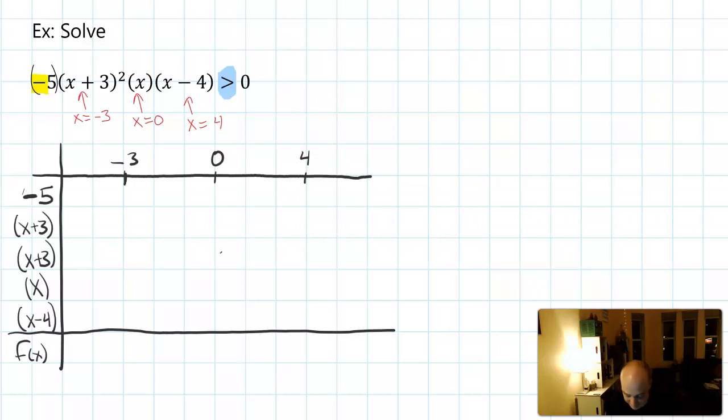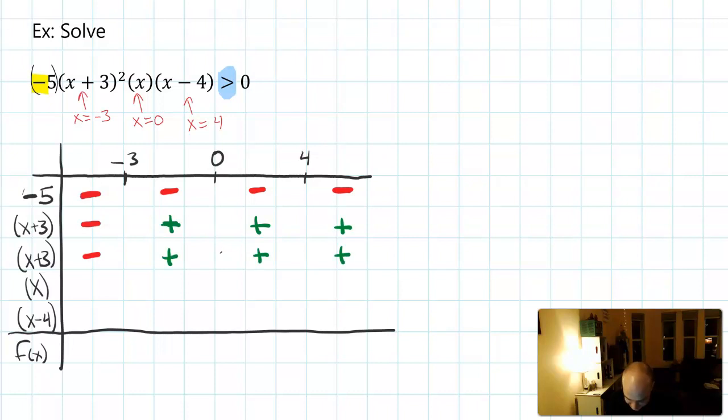Now let's go across. Well, negative 5 is the easiest. It contributes a negative in every box in the table. X plus 3 contributes a negative to the left of negative 3, but as soon as you jump over, you're adding 3 to something like 2.5, so that's going to contribute a positive to the rest of the table. And x plus 3 again will contribute the same thing again.